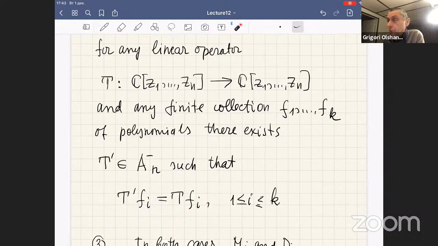So one can say that it is dense in the strong operator topology.